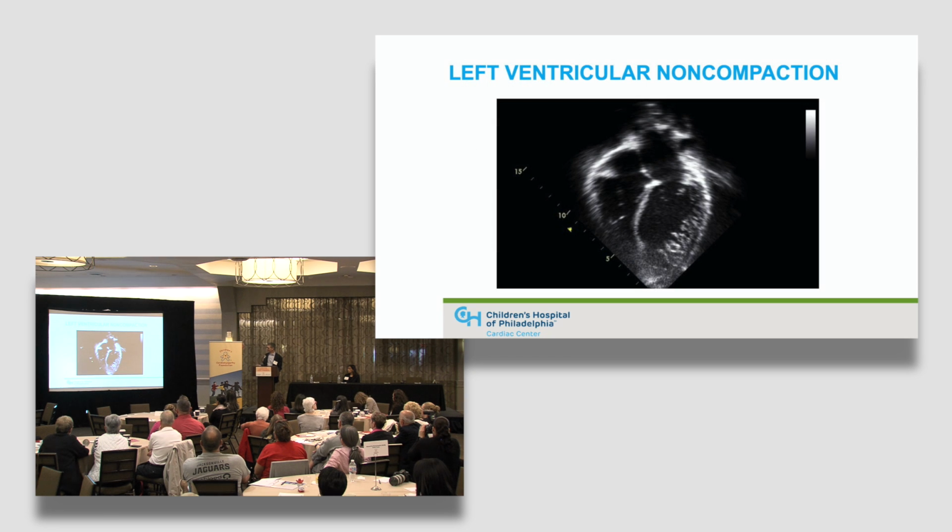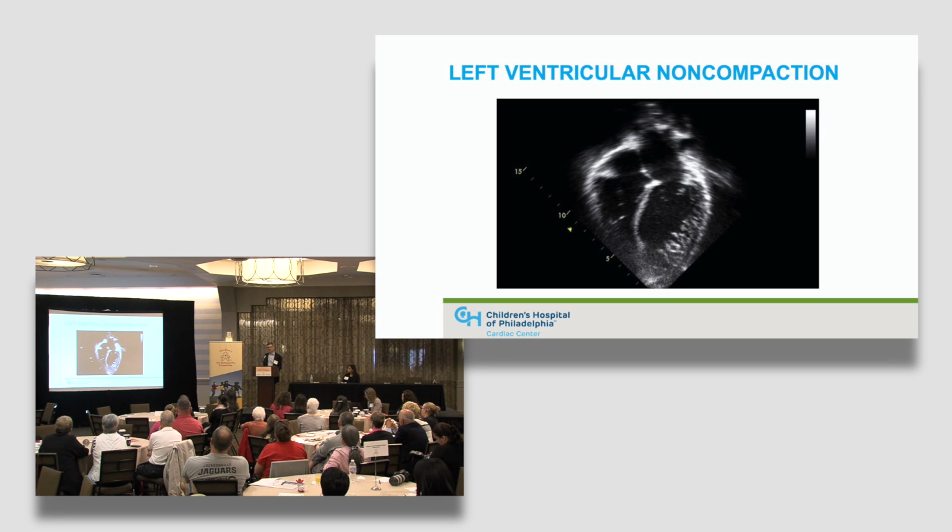And then lastly, I'm going to talk about left ventricular non-compaction. We're going to talk a lot about arrhythmogenic cardiomyopathy, but this left ventricular non-compaction, which the hallmark are these trabeculations, this, I think, is the most variable disease that we care for in pediatric cardiomyopathy, because we can have children that are entirely asymptomatic. Their hearts, aside from these trabeculations, seem to be doing very well.